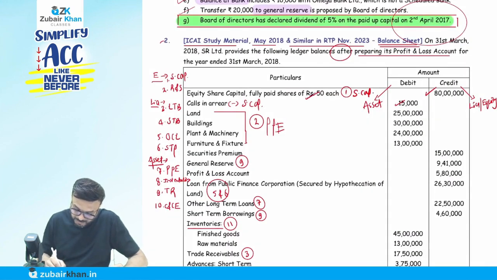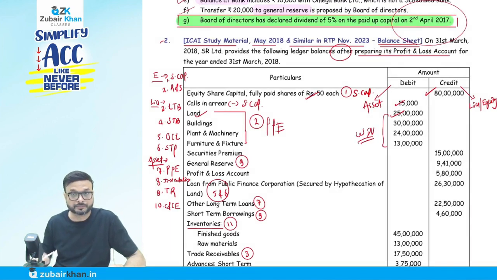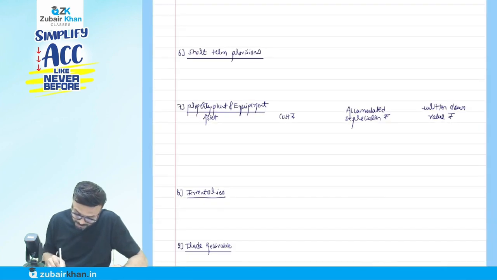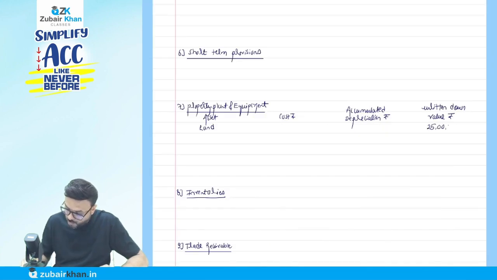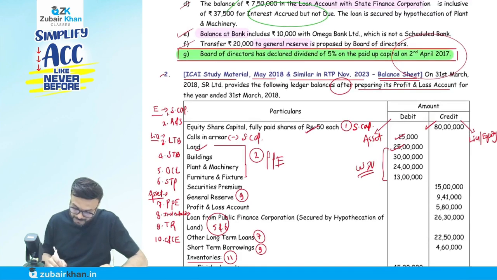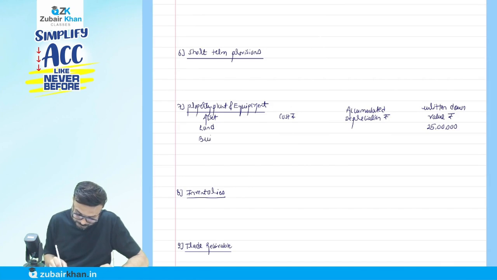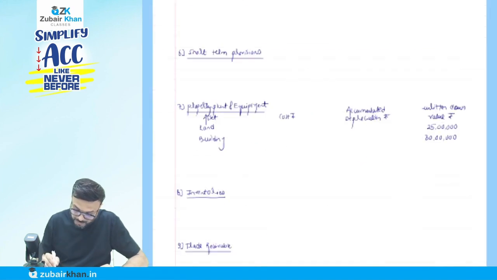So first write it down here. The land is how much here? It is 25 lakhs. So write down, this is WDV. Remember that all these are WDV. Original cost is what they have given in the adjustment. So write down here first land. How much is the WDV mentioned there? 25 lakhs. Then building, which is 30 lakh. Then plant and machinery 24 lakh.